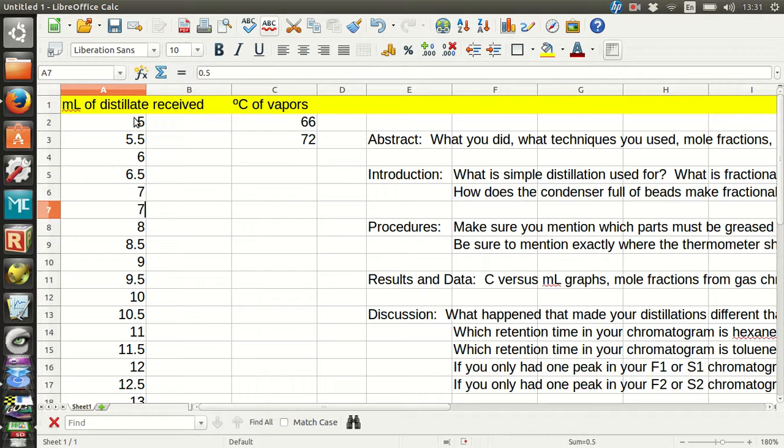Make it cumulative so that the temperature that you write down here is the temperature that you recorded when you passed a total of this amount of distillate into your graduated cylinder. You know what I mean? I hope that's clear. I didn't quite explain that very clearly, but I hope you know what I mean. If you have questions, please send me email.